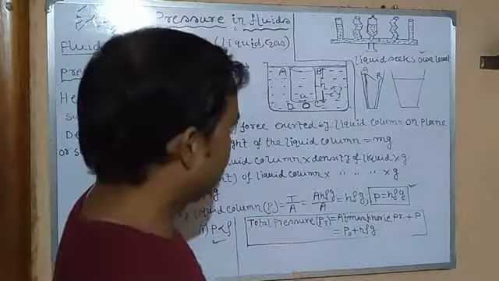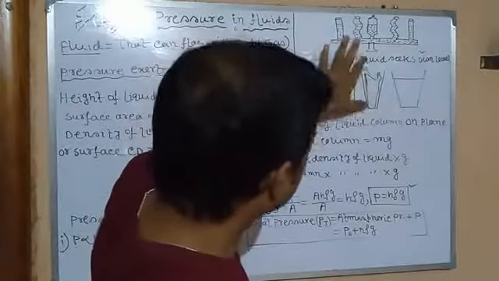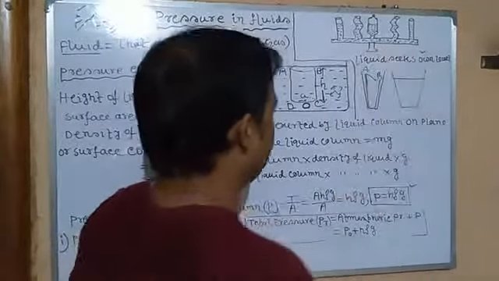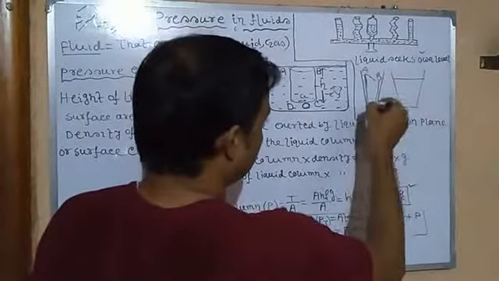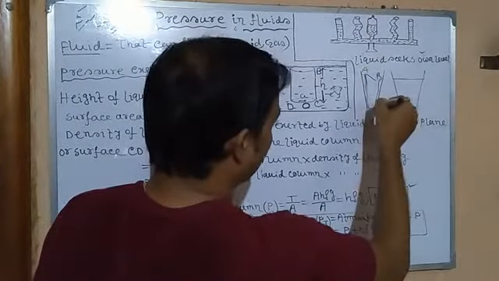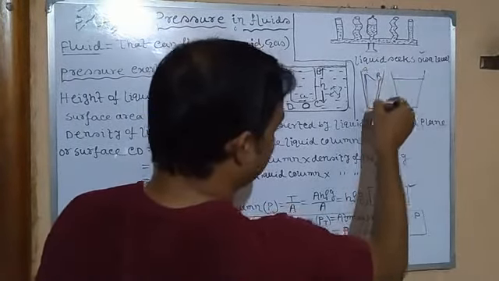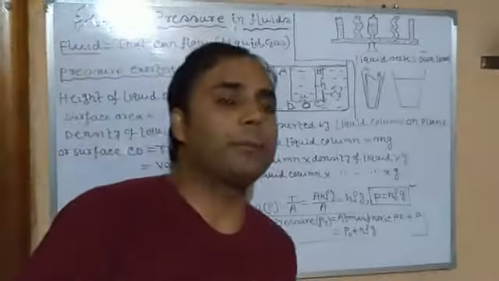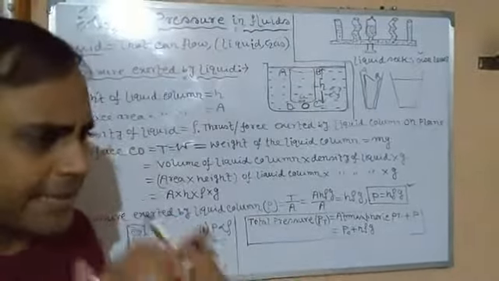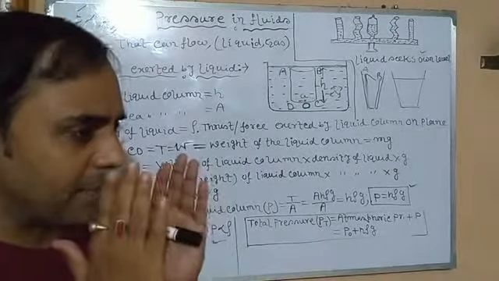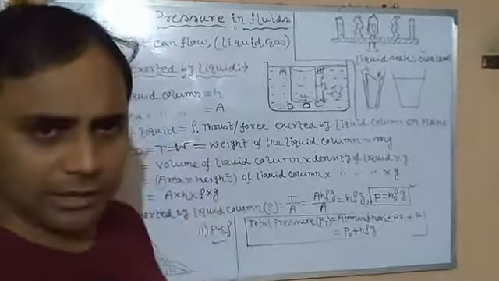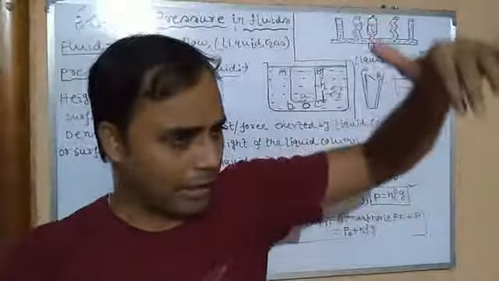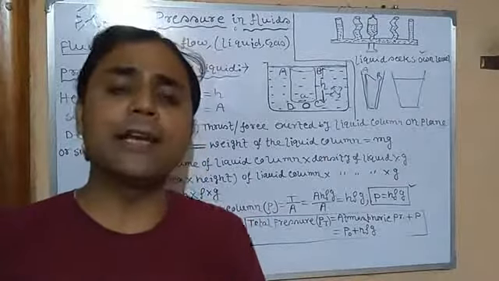So this height is much more and this is less. It means the pressure here will be much more, and at this point the pressure will be much less. But according to the property of pressure of a liquid, it exerts the same pressure. So that's why it wants to maintain the same pressure, and it flows from the upper region to the lower region to maintain equal pressure.